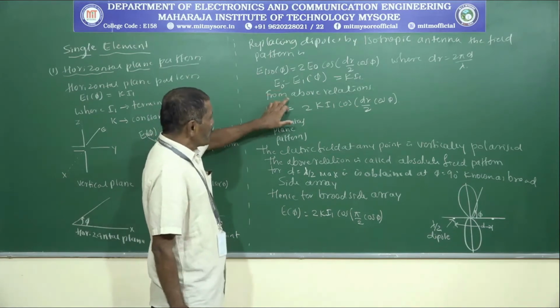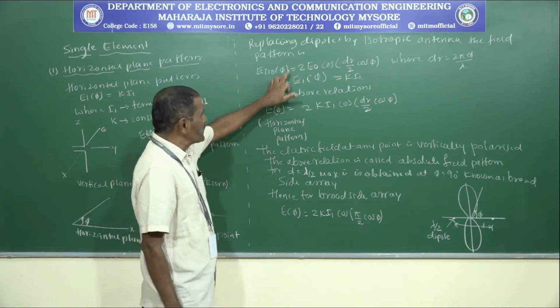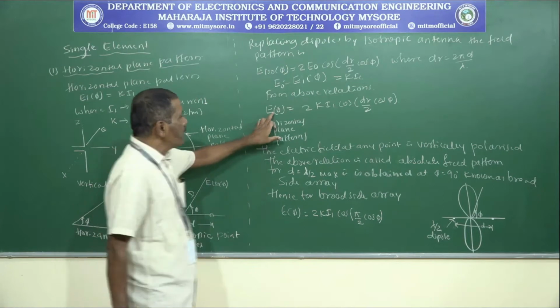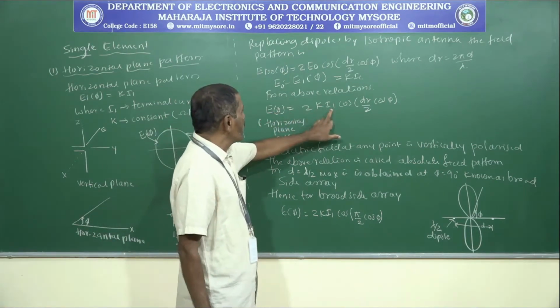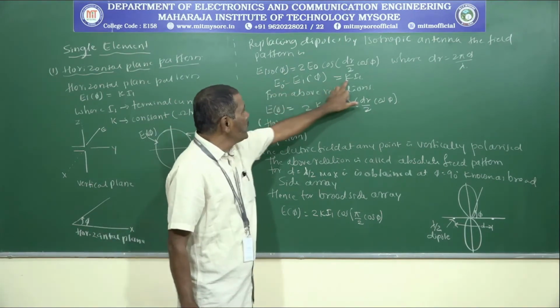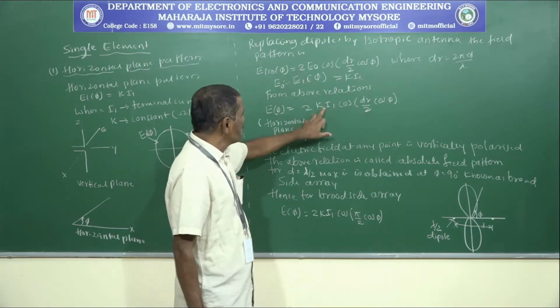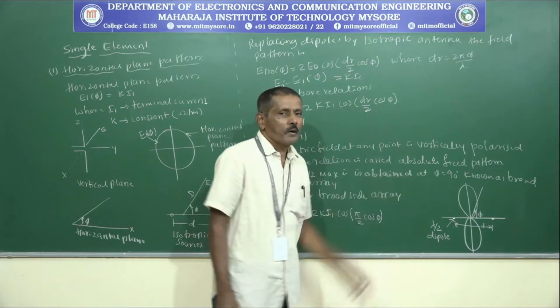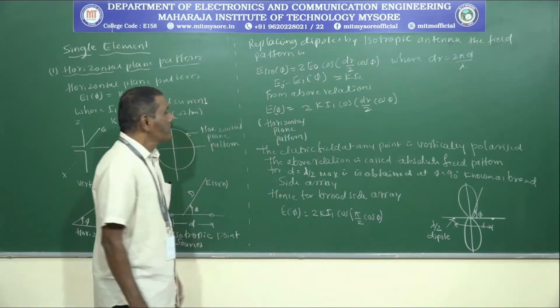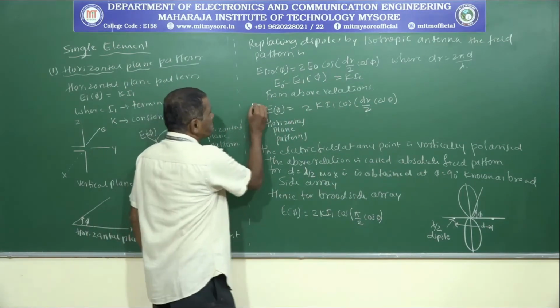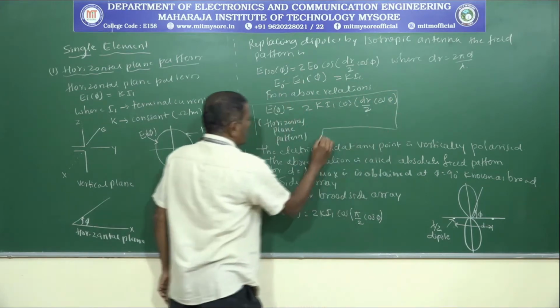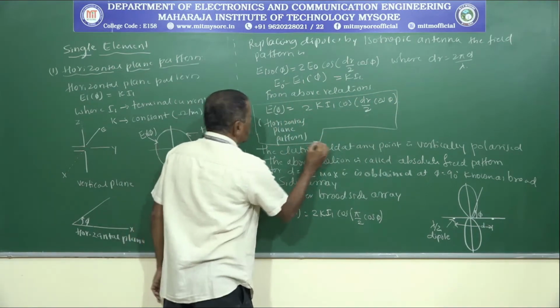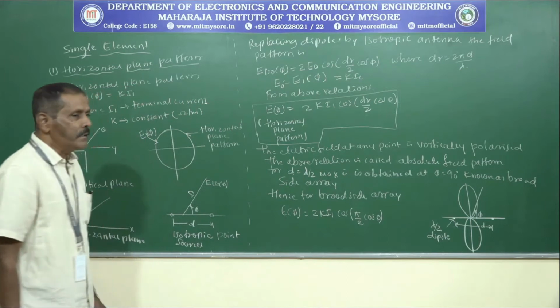Now from the above relations, E of phi is equal to 2K I1 cos of psi by 2 cos of phi. And this is the equation. So this equation will give you horizontal plane patterns.